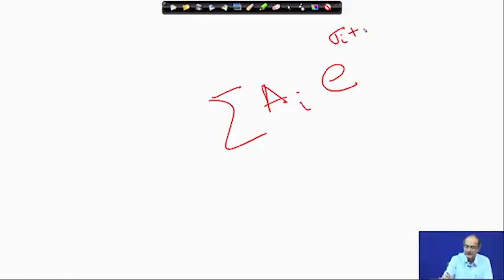You can take a complex exponential signal, the sum of several complex exponential signals, say a_i e to the power of minus sigma_i plus j omega_i. We write minus to show that it is a damped exponential, so that they become stable, over i. Here i could start from 1 to 2 or 3.